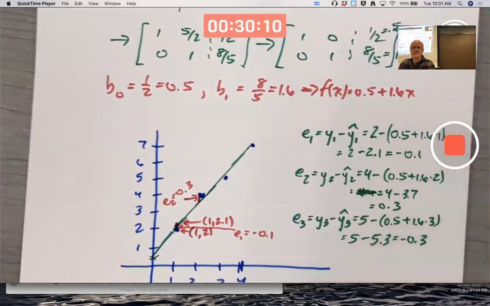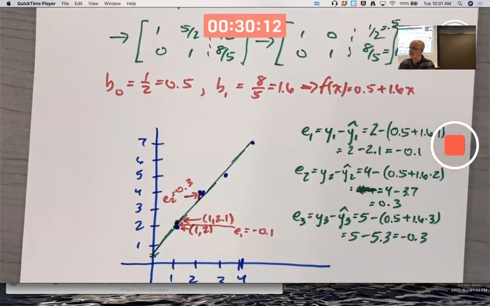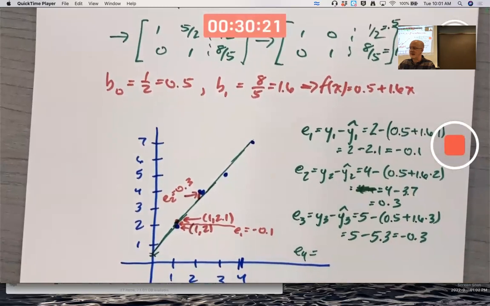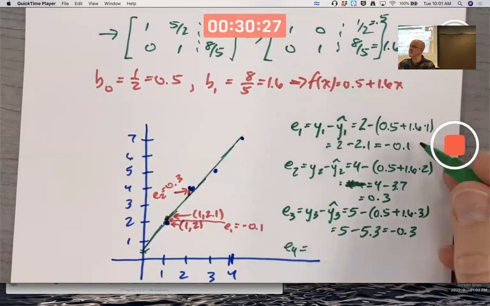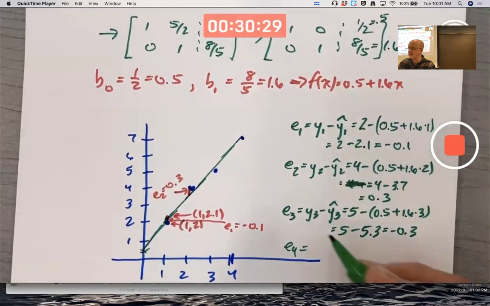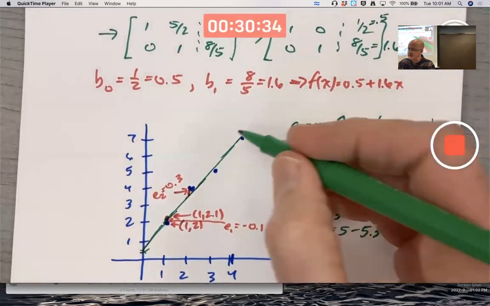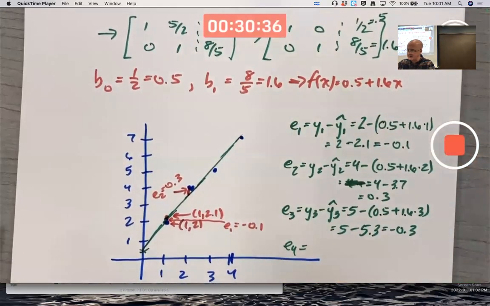Do you have a guess as to what the fourth residual is going to be without actually calculating it? It's going to be positive 0.1 because the residuals actually have to add up to 0. These two already add up to 0. This one's negative 0.1. This one's got to be positive 0.1. And it corresponds to the fact that the point is going to be above the regression line, unlike how I drew it.